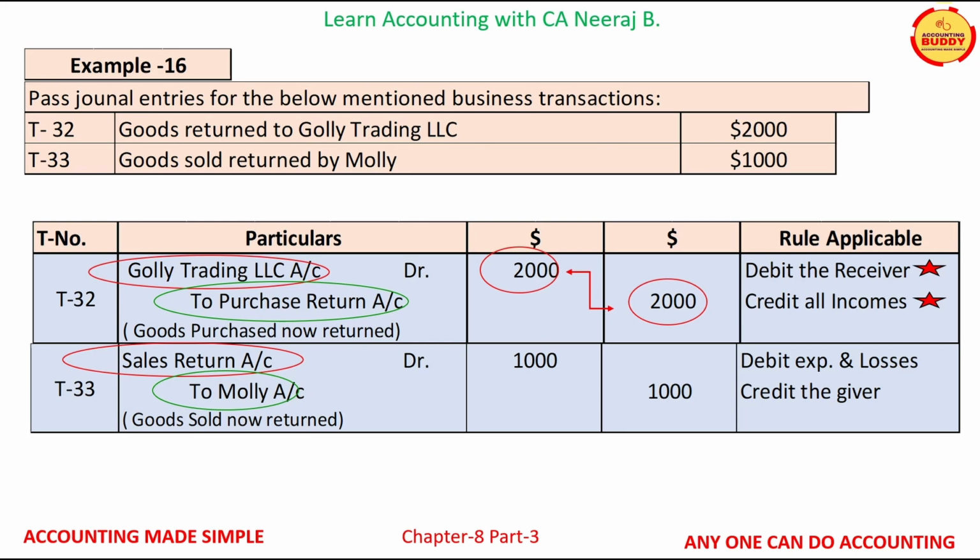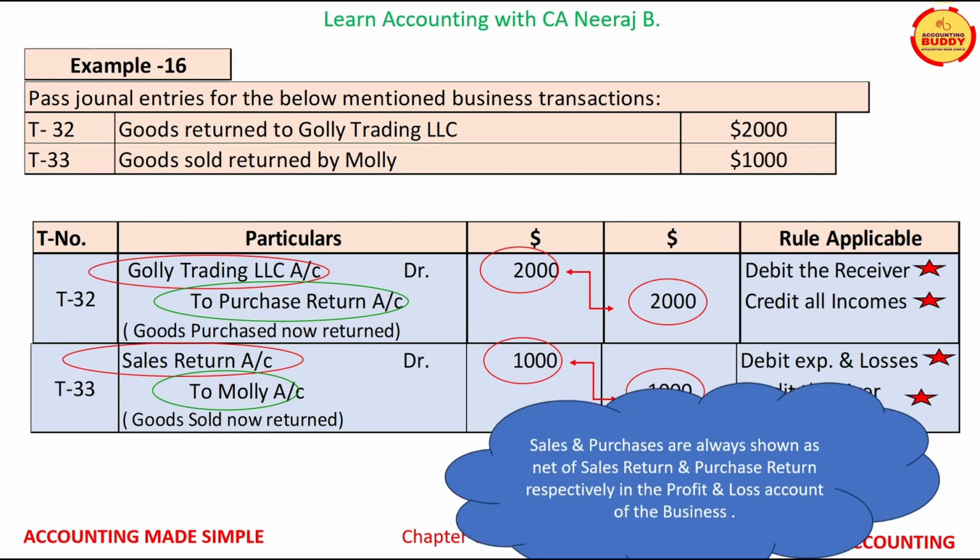Rule for debiting an expense account is debit all expenses and losses. Molly's debtor account is a personal account and the rule for personal account is credit the giver. Therefore, this transaction is recorded for $1,000 by debiting sales return account and crediting Molly's debtor account.